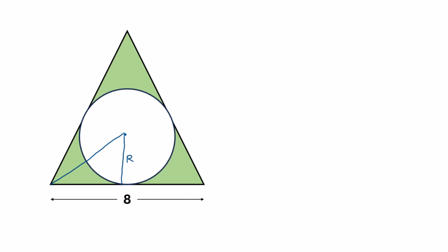So this is r. And as the side lengths of this triangle are the same, the angles of this triangle are equal, and each is 60 degrees. So this line divides this angle equally, so this angle will be 30 degrees, and this is the midpoint of this side.